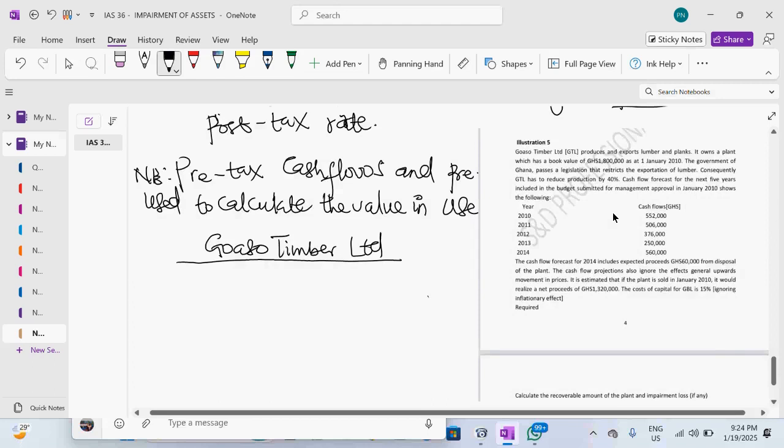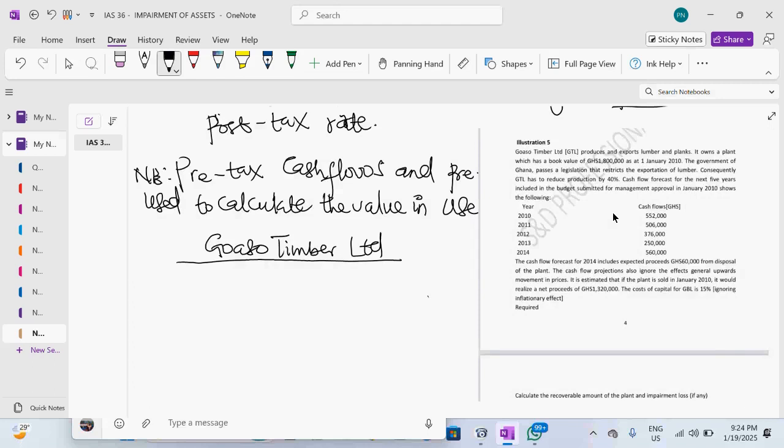The company exports its own plant of 1,800,000. The government of Ghana passes a legislation that restricts the exportation of timber. Consequently, the company has to reduce production by 40%. Cash flow forecast for the next 5 years included in the budget submitted.